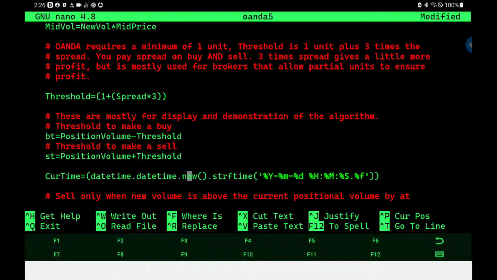And it gives the current time and formats it by year, month, day, and this is a 4-digit year. If you were to put a lowercase y, it would be a 2-digit year. Hour, minute, second, milliseconds. Straightforward and simple.